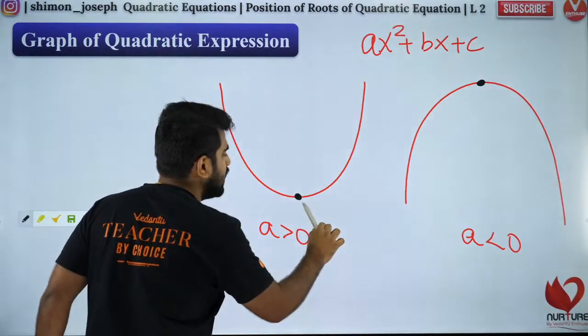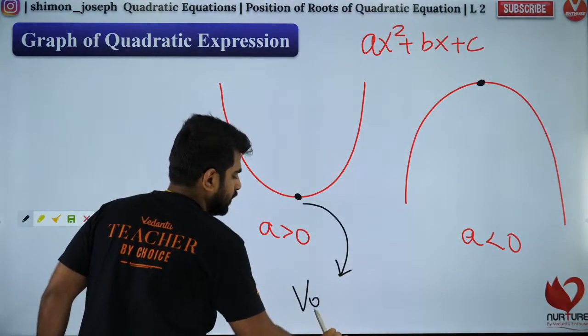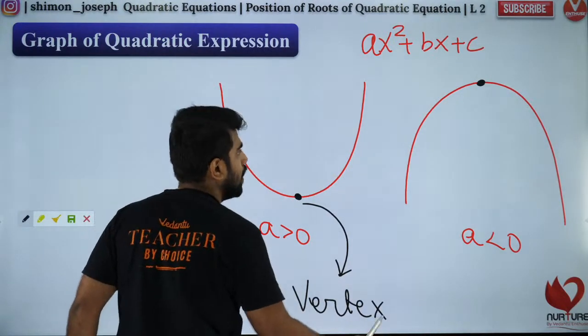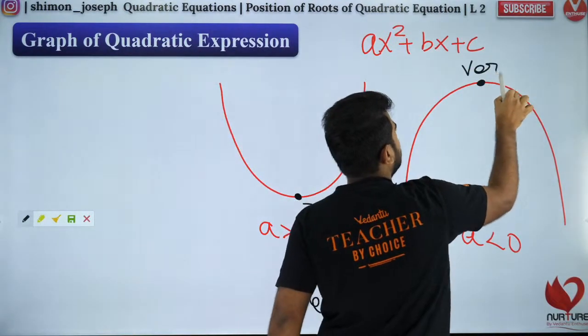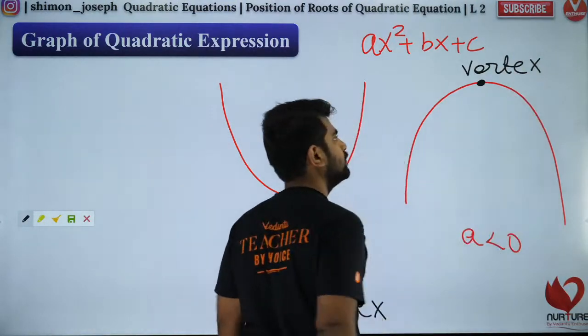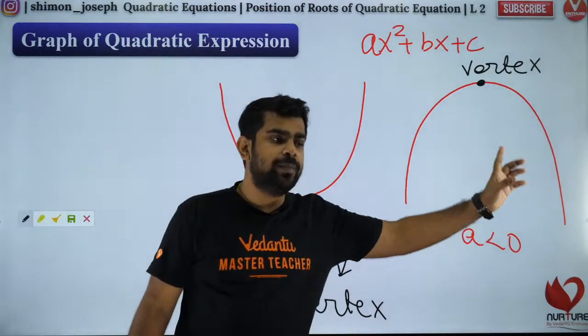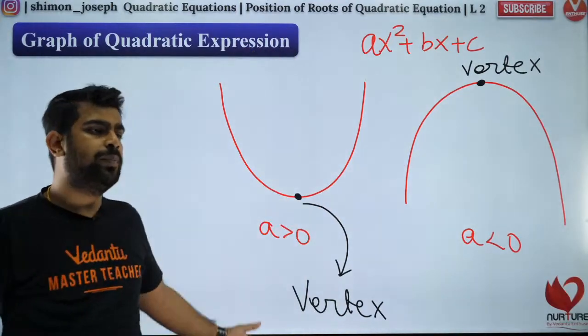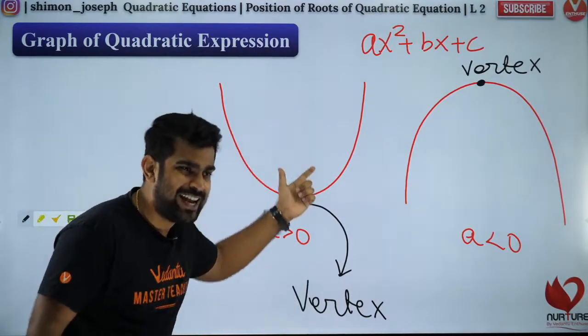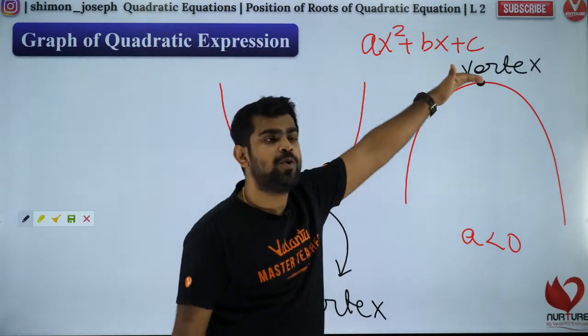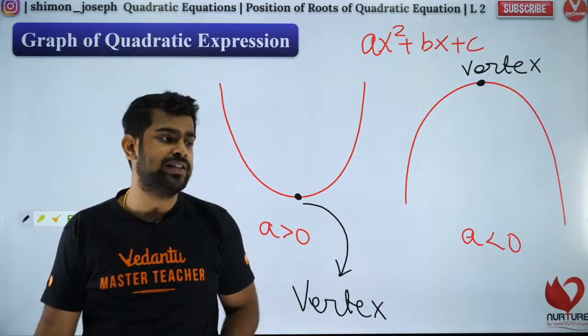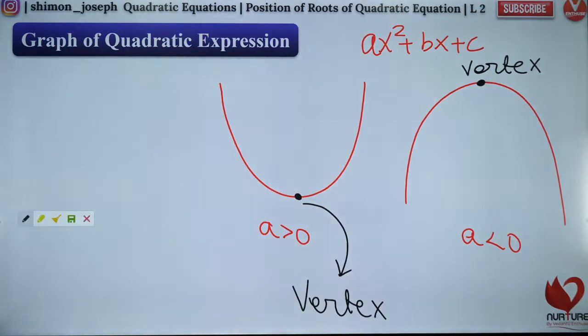That point is called the vertex of the parabola.